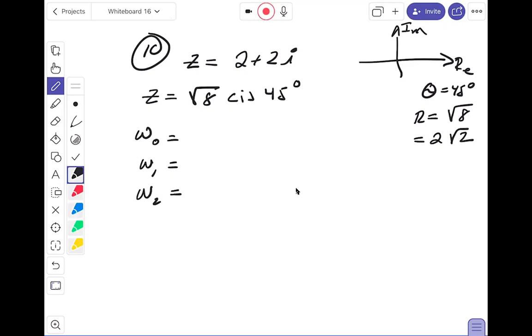I'm going to write R down a little bit different. I'm going to write it down as 8 to the 1/2 power. That's what R is. Now, what goes in front of here? It's going to be that 8 to the 1/2 to the 1/3 power. So it's going to be 8 to the 1/6.